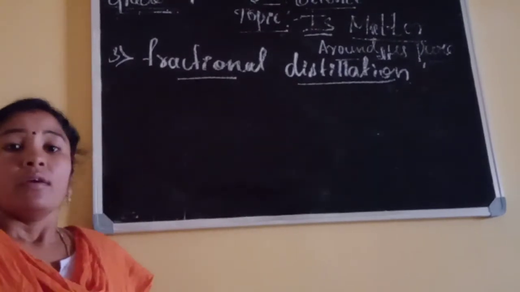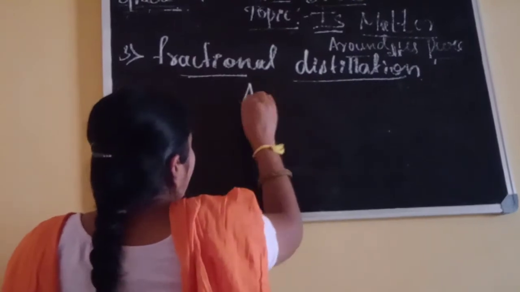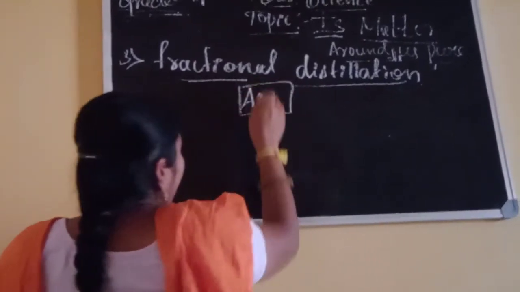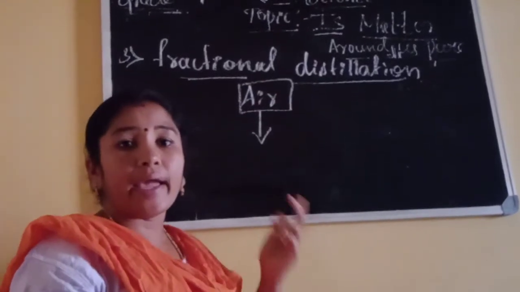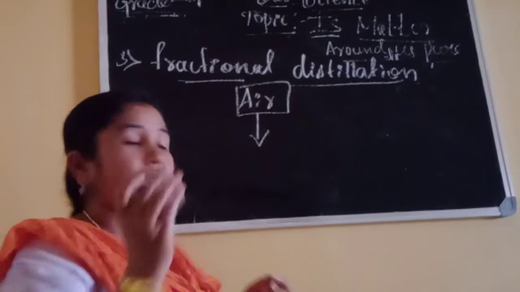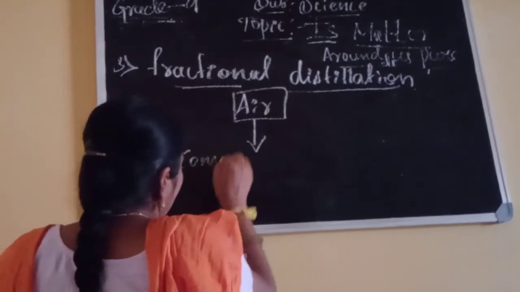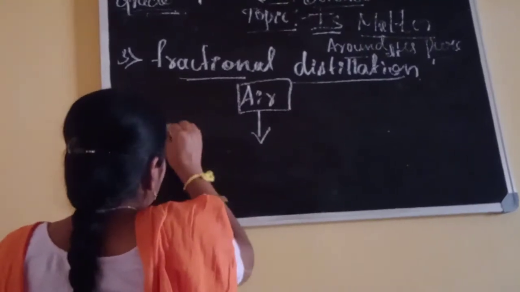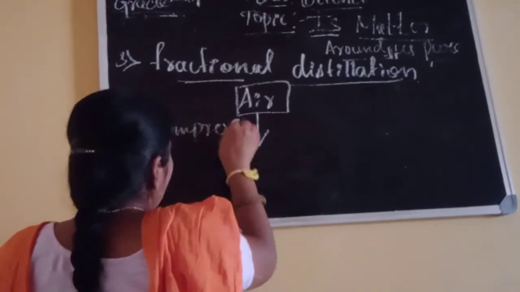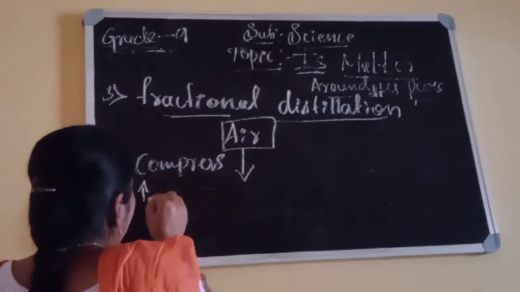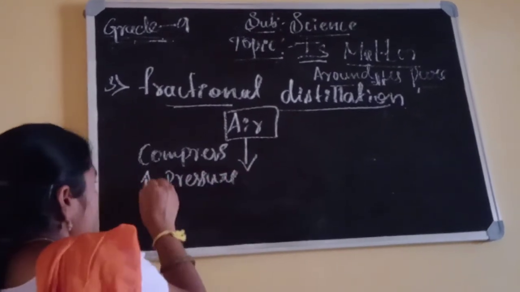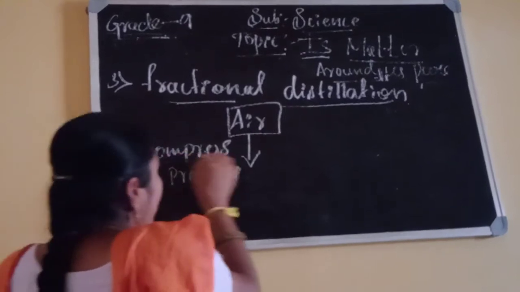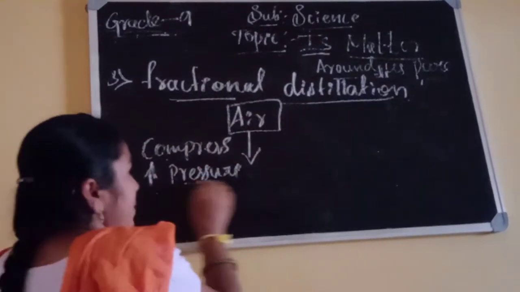How? First, the steps of fractional distillation. Compress the air by increasing the pressure.